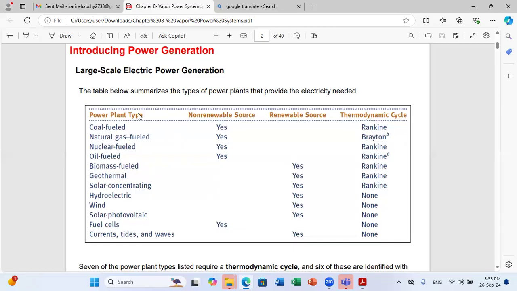If we study a natural gas fueled system, it's based on Brayton cycles that will also be introduced in this chapter. For both nuclear and oil fueled, which are also non-renewable sources, we are also relying on the Rankine cycle. So you can see that for the majority of cases, we rely on Rankine cycles.